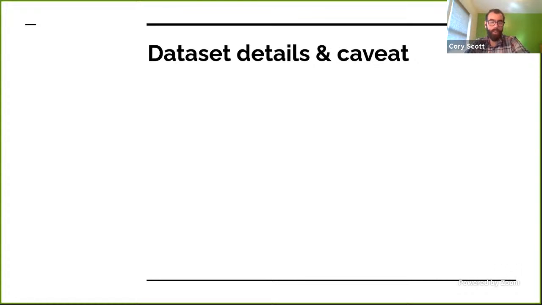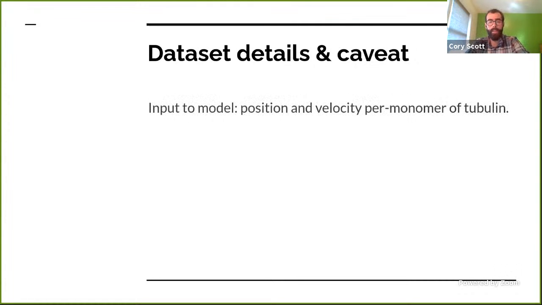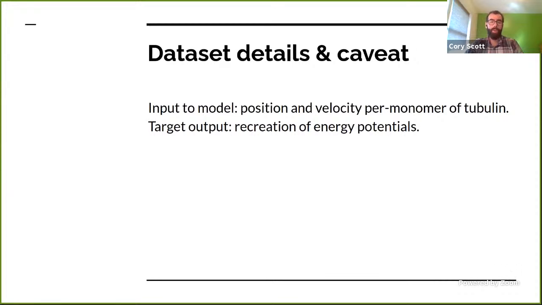I want, in the interest of full disclosure, to talk about a couple of caveats of this simulation method. Like I said, the input to our machine learning model is going to be the position and velocity per monomer, and the output is going to try to recreate the energy potentials that the deterministic molecular dynamics simulation code produces. But there are some caveats.